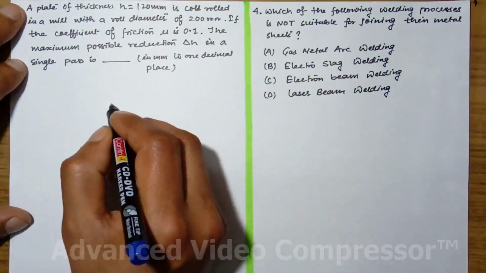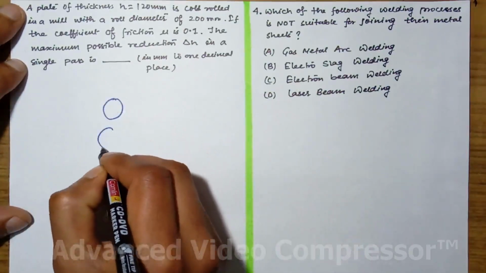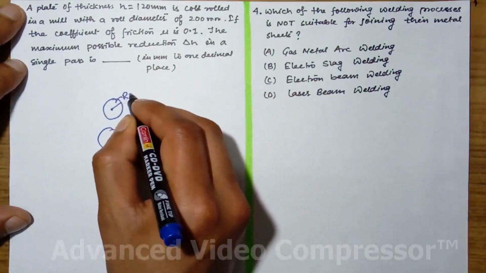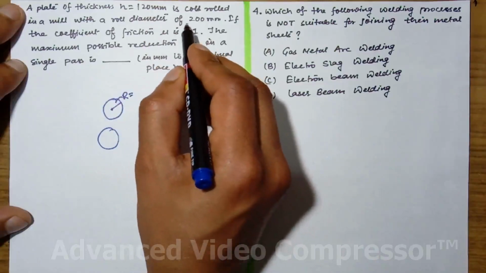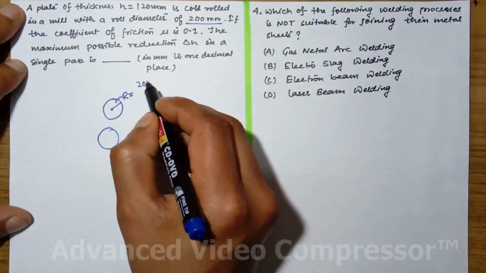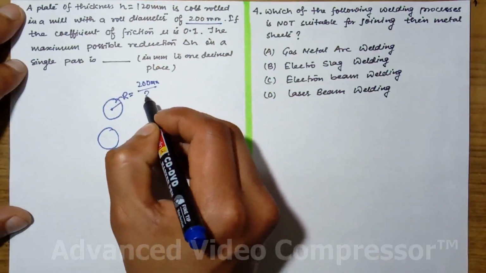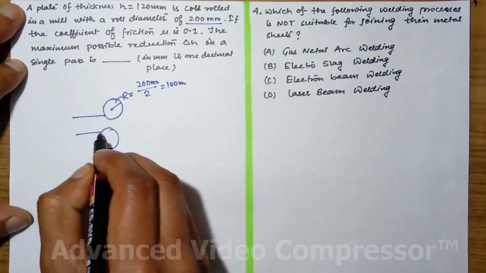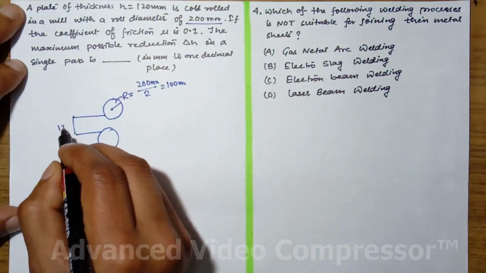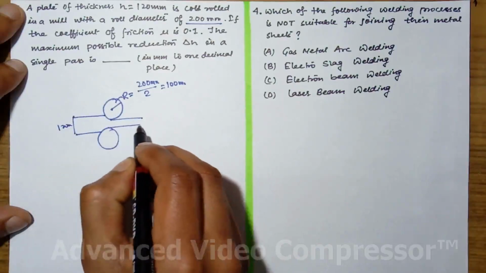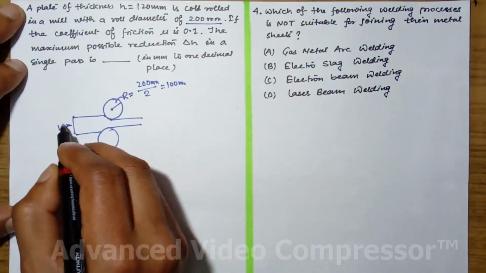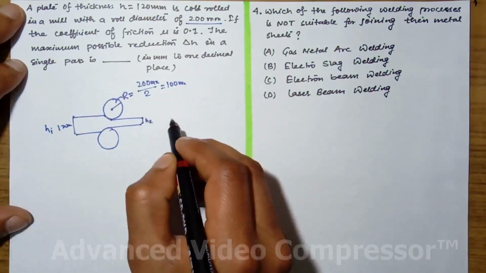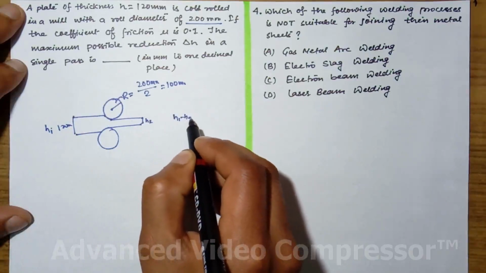So here, since rolling is taking place and the diameter of the roll is given as 200 millimeter, the radius is 200 divided by 2, equal to 100 mm, and this plate has a thickness of 120 mm.